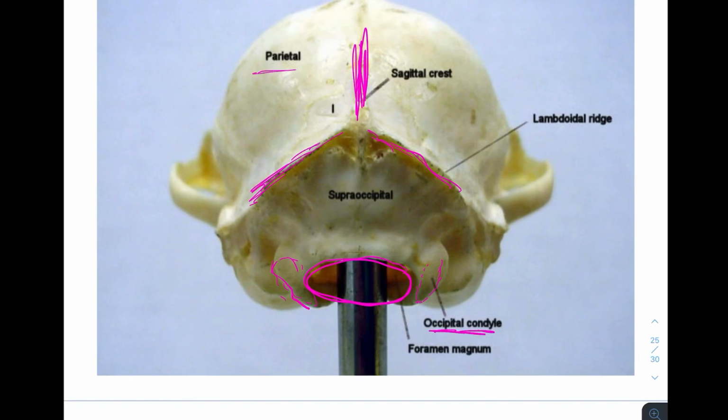So you've got the parietals meeting together in the middle, and then you've got the occipitals meeting together as well with the parietals. And this is making this kind of 3-directional suture structure that meets right at the middle, right there.